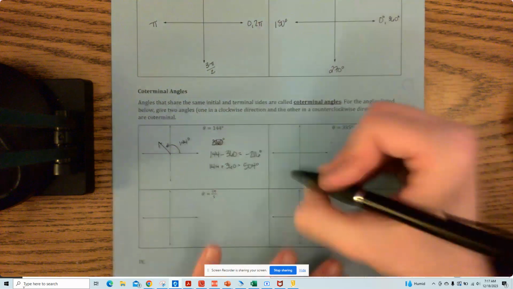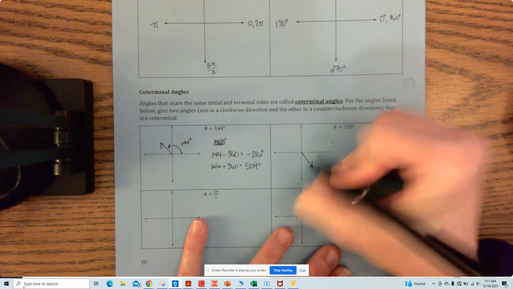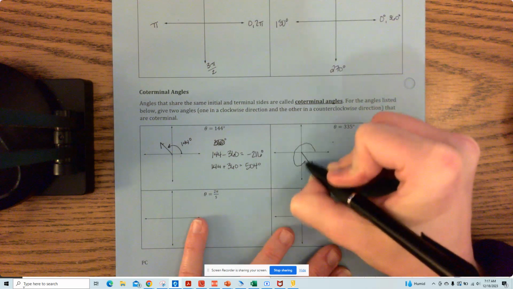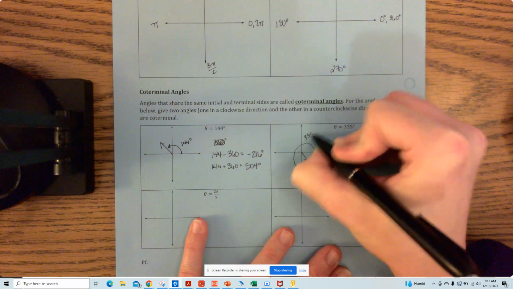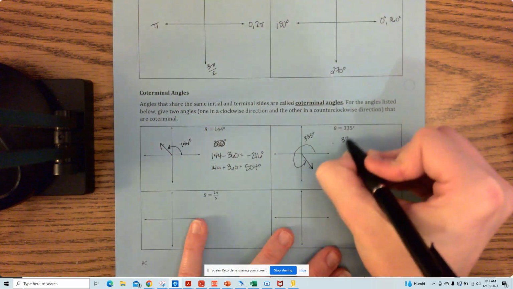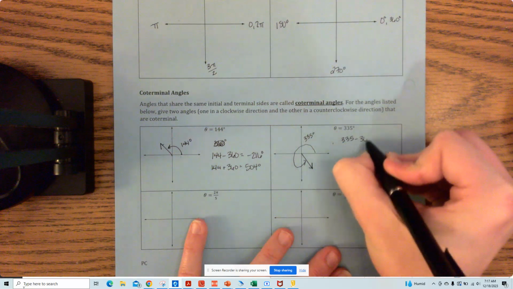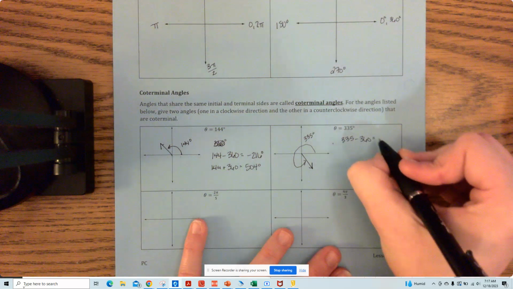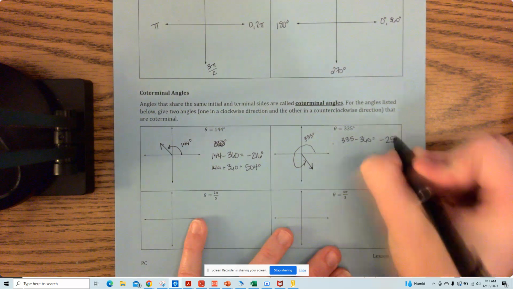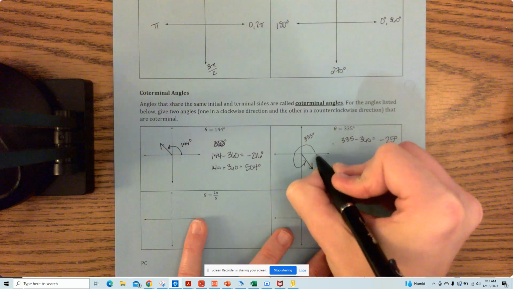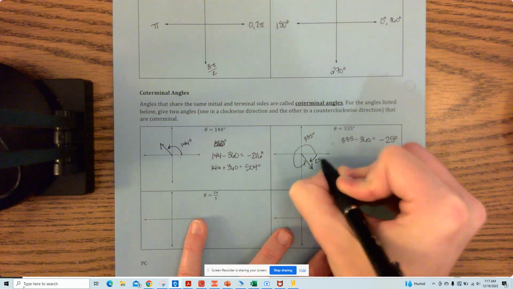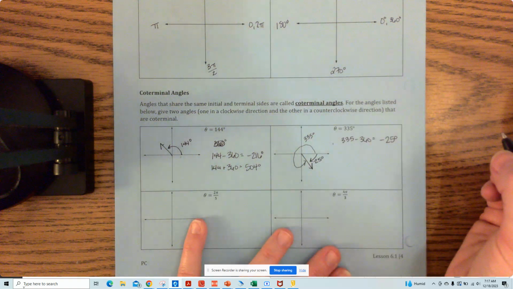Okay. 335 degrees would be out this way. So again, this would be the 335. So we could subtract 360 from that, and get negative 25 degrees. So going from here to here would be a negative 25 degree angle.